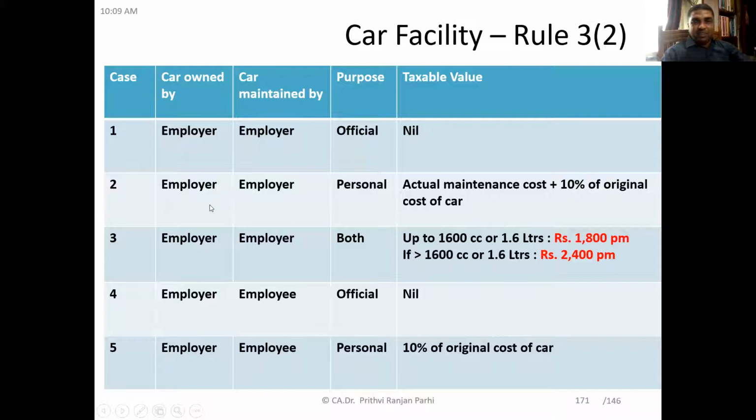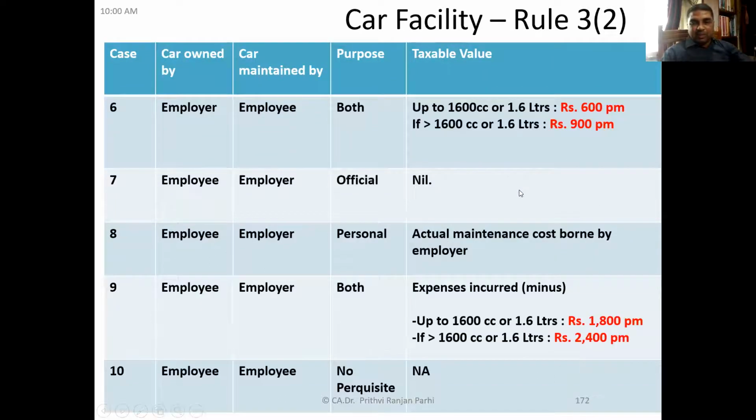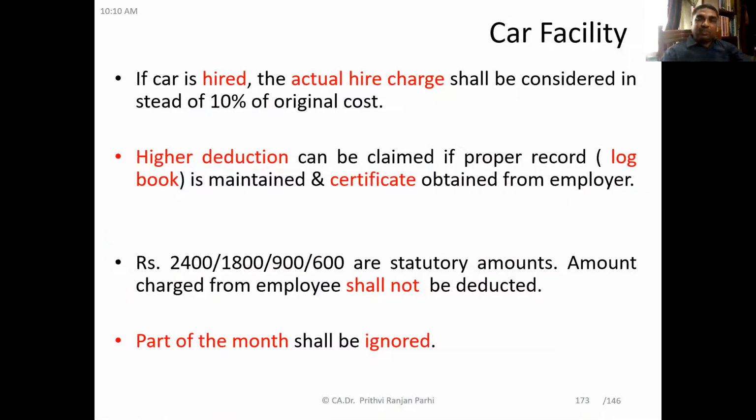Here also it is employer's cost, so 10% of the original cost was taken. But now, if employer is not the owner of the car, rather employer has hired the car and provided it to the employee as free car facility, in that case, instead of 10% of the original cost, actual hire charges shall be considered.